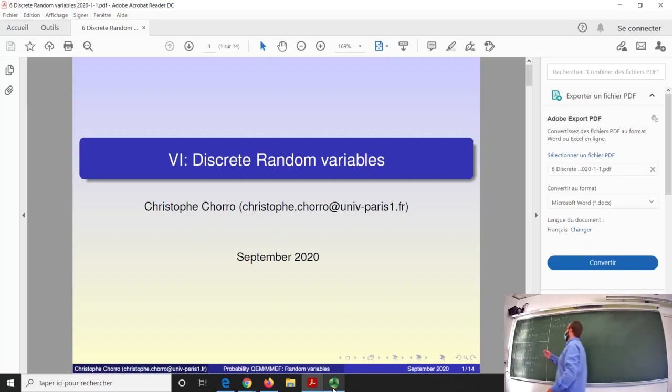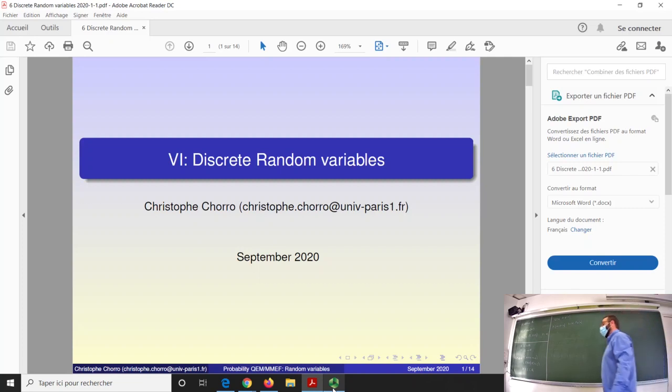A priori, the set of my possible values is the set of the real numbers. In the case of a discrete random variable, we are going to suppose that the set of my possible values will be included in the real numbers, but will be countable.